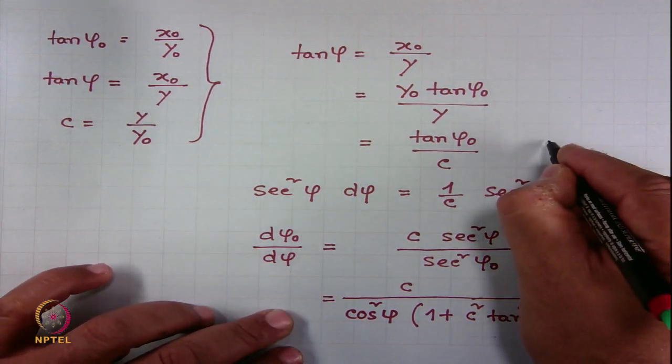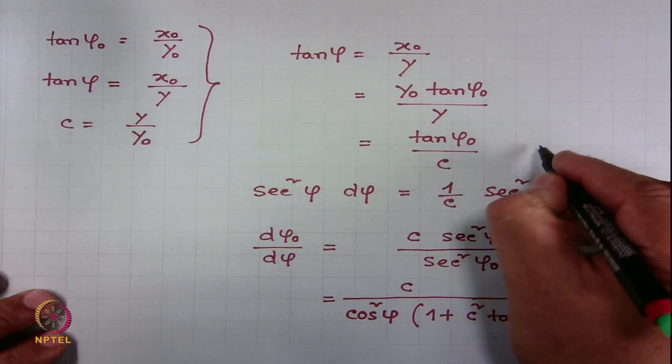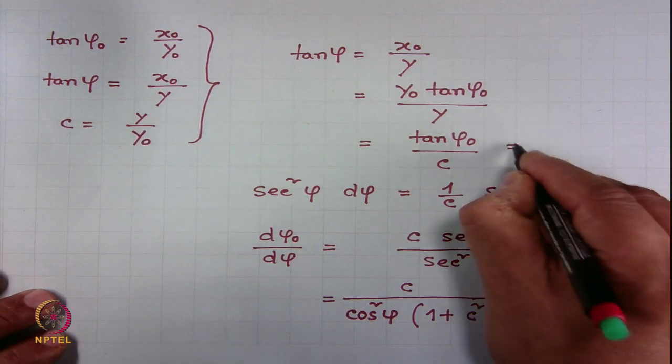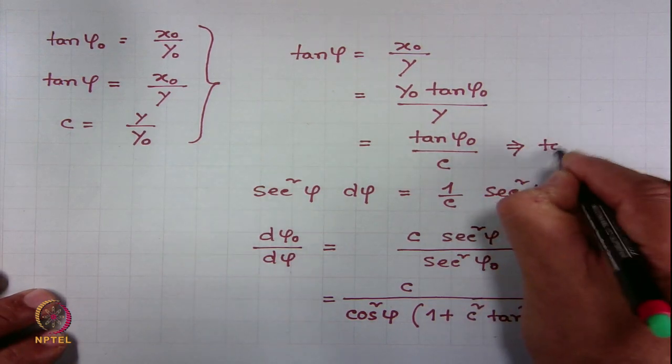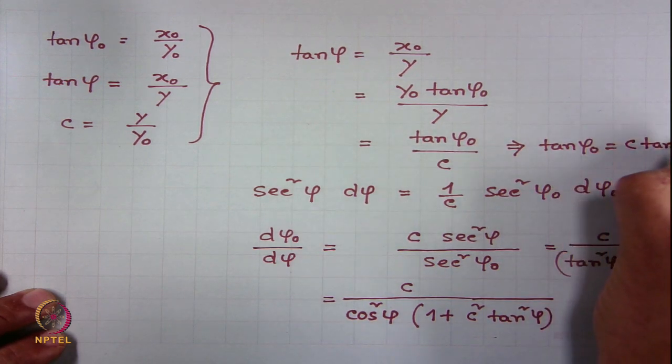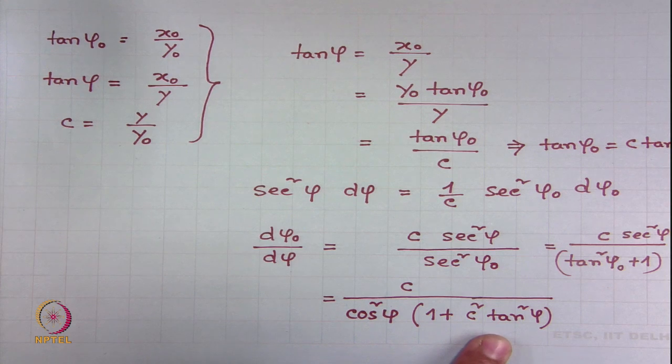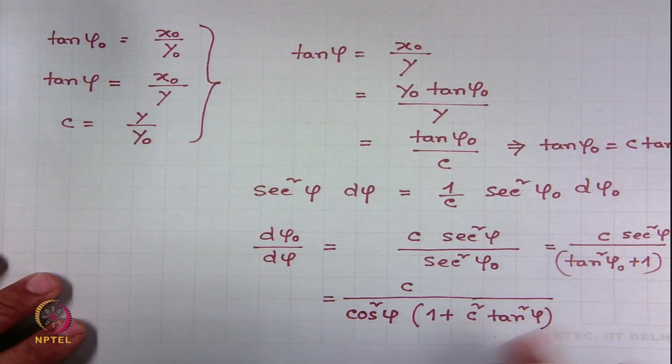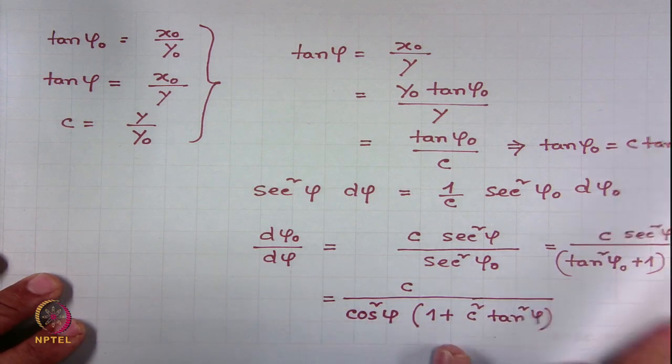How? From here, this indicates tan psi naught is equal to C into tan psi. So, we substitute here 1 plus C square tan square psi. Now, we will work more on this expression.